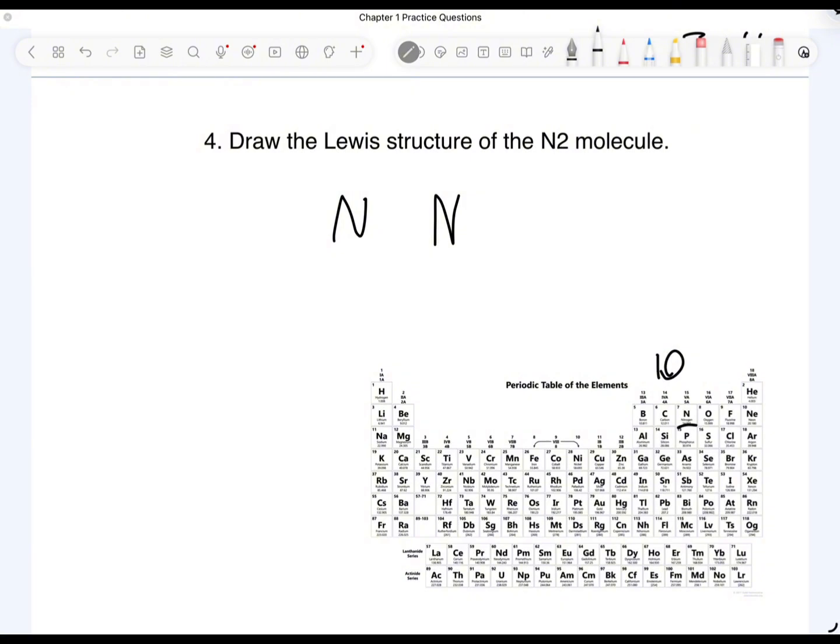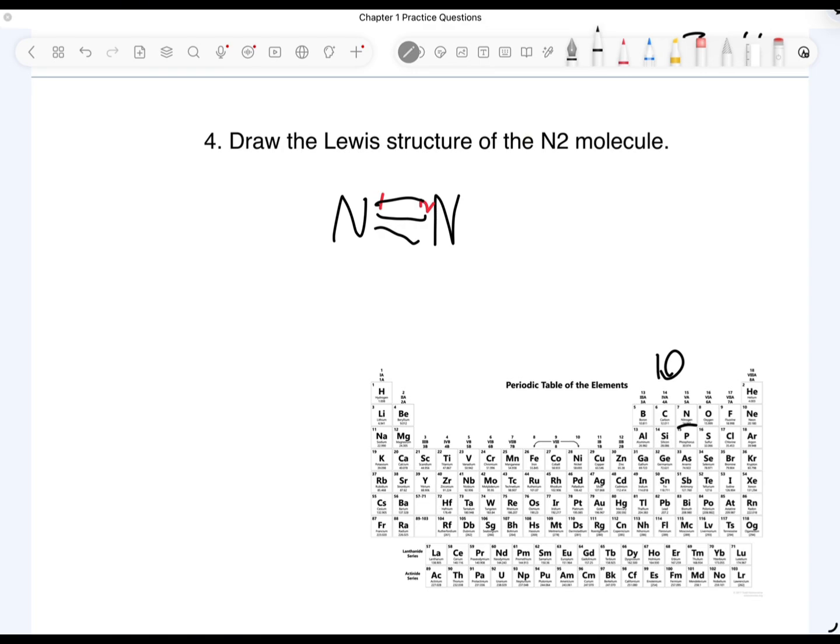And if we were to draw a bond between these two nitrogens, each of these nitrogens contributed 1 of their valence electrons, 1, 2, for a total of 2, right? Each contributes 1, but since they're sharing these, each nitrogen has 2 electrons in their octet, right? So we add another one. Now each nitrogen has 4 electrons in their octet. Another one is going to have 6.